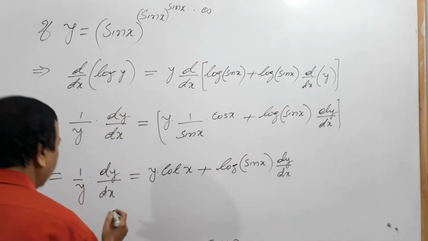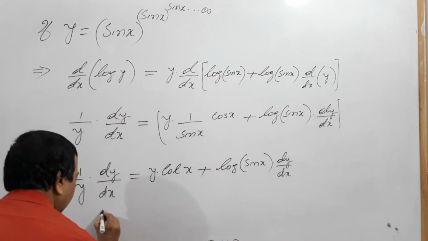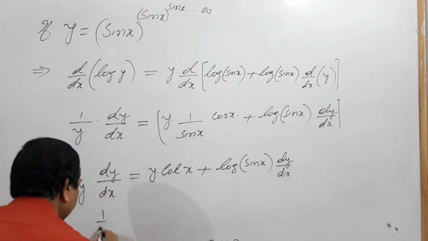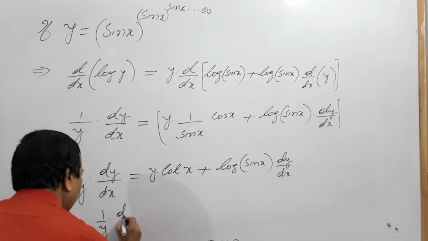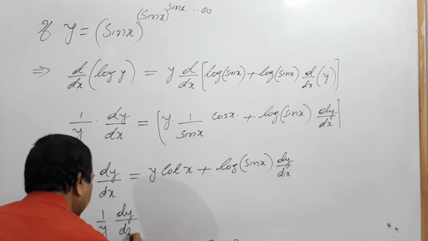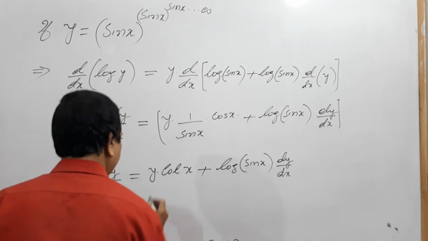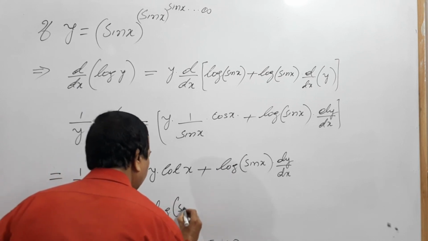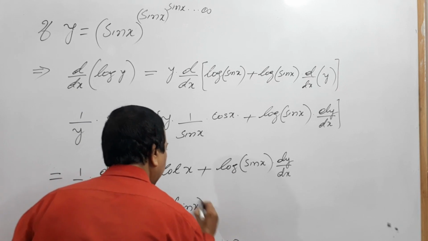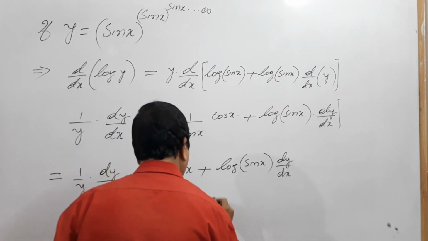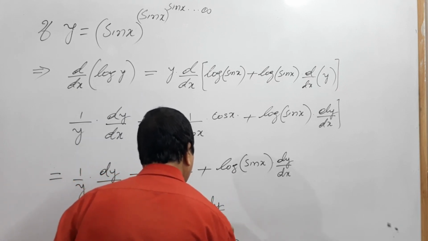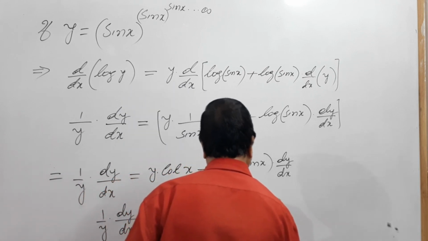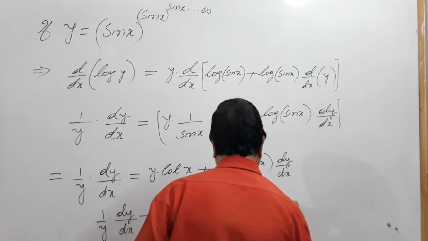So that is what happens here. 1 by y dy by dx, I bring this here, this becomes log of sin x dy by dx equals y cot x.